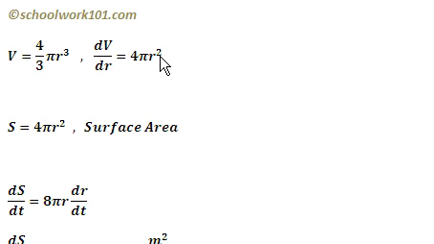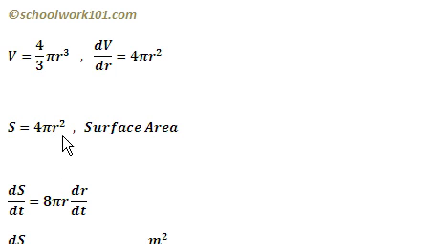Now it turns out that this is actually what we're going to be using to find surface area. S, being my surface area, is equal to 4 pi r squared. If you can't remember the formula for the surface area of a sphere, just remember to take the derivative of the volume, and there it is.